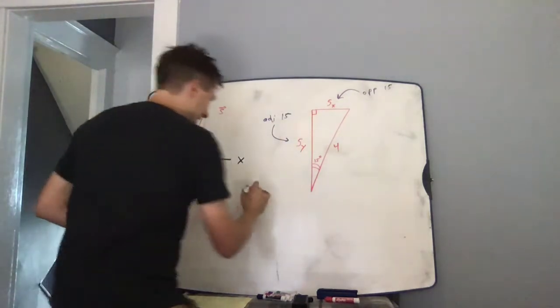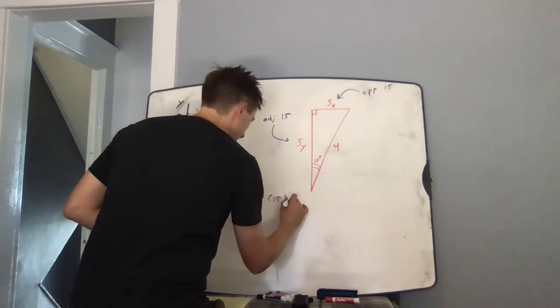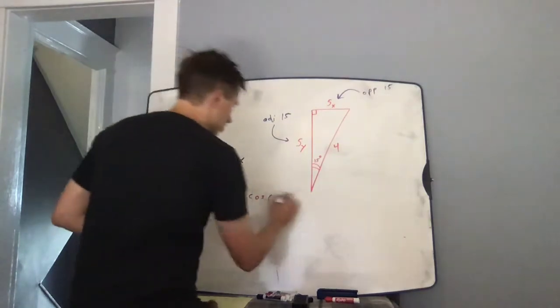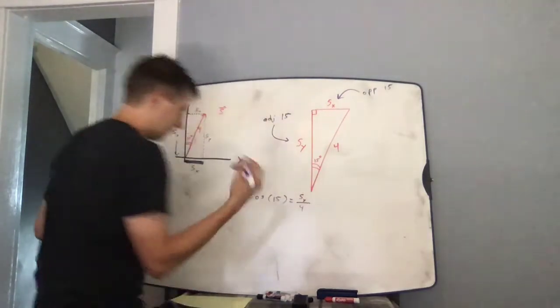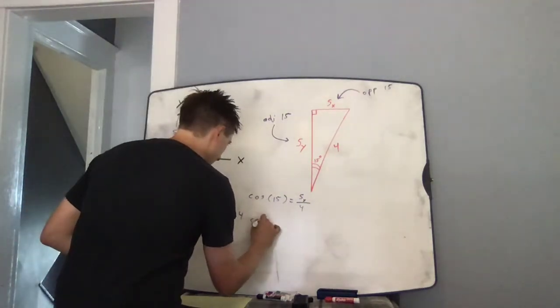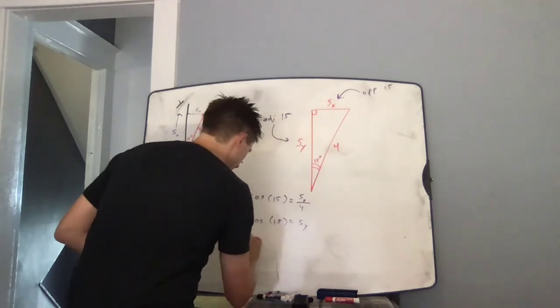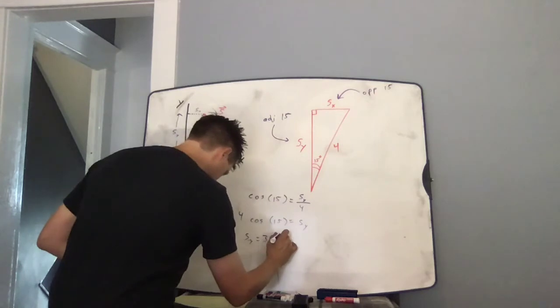So I could say cosine of 15 is equal to adjacent over hypotenuse, so that would be Sy over 4. And if I do some algebra, I get 4 cosine 15 is equal to Sy, and Sy is equal to 3.86.